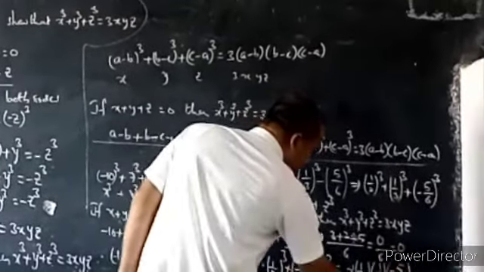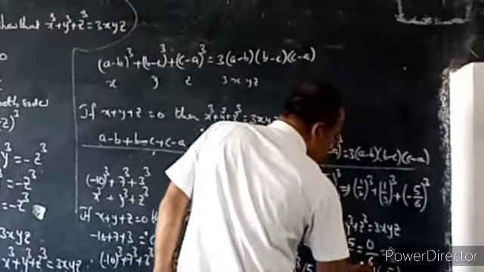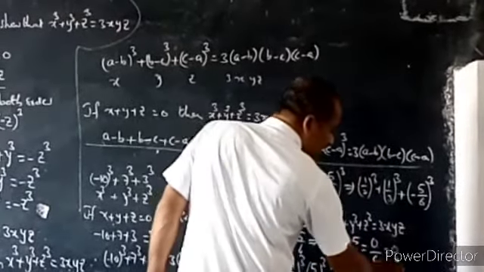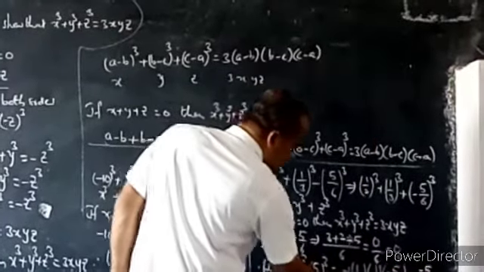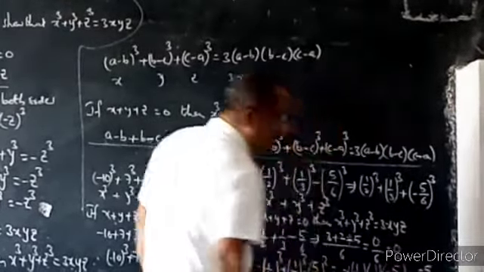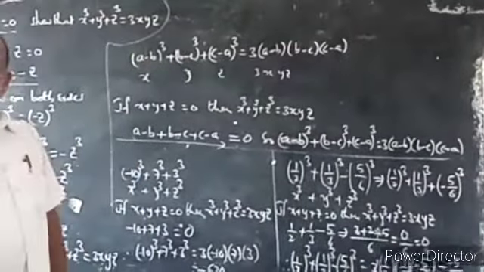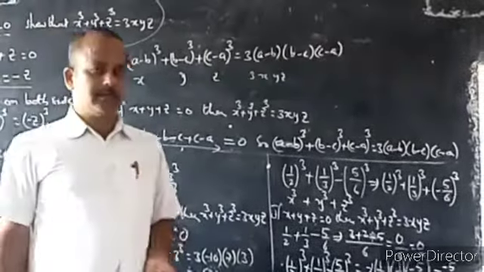So the 3s get cancelled. In the numerator, 1 ones are 1, 1 into minus 5 is minus 5. In the denominator, 2 and 6 remain. 2 sixes are 12. So it is minus 5 by 12. In the same way, 2 more problems you have to solve yourself.